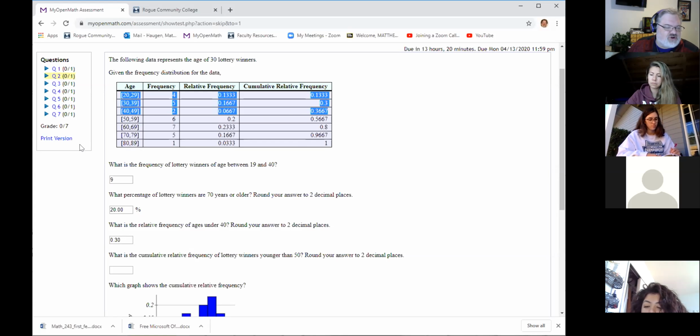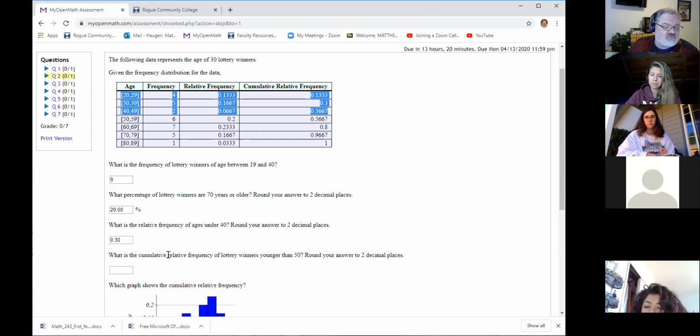Now, I want you to notice something. One of the things that often happens with these is we kind of don't pay attention to some of the details in here. So often we'll just see cumulative frequency and 50. Well, here's a 50, here's a cumulative frequency, so I want the answer to be 0.5667. But that's not what the question asked. Fair?